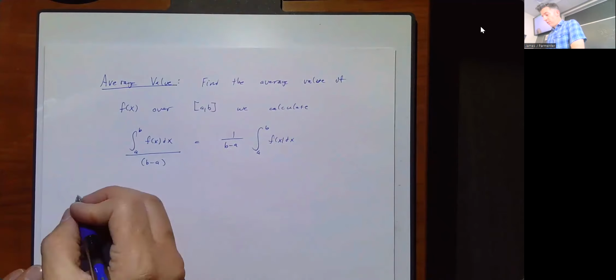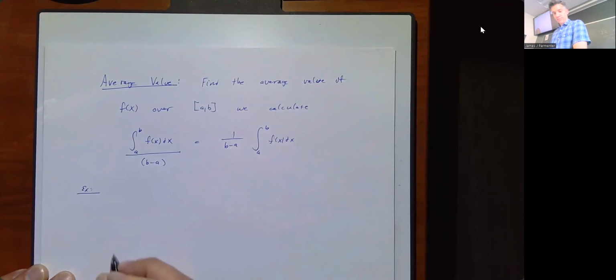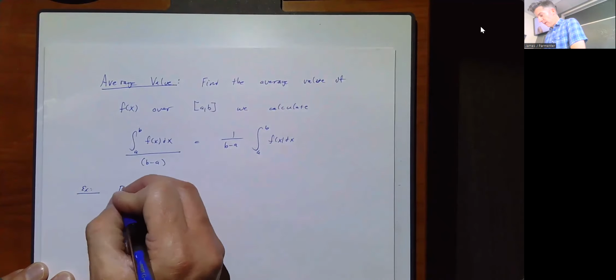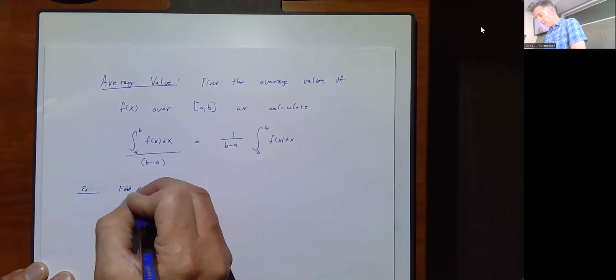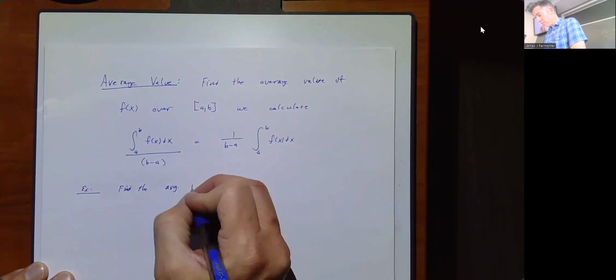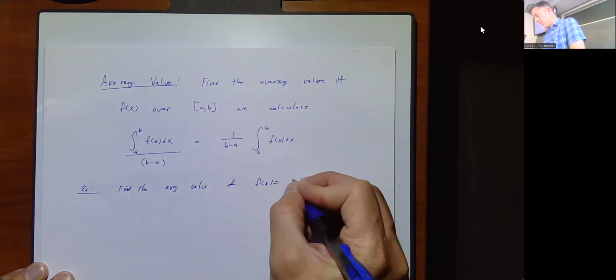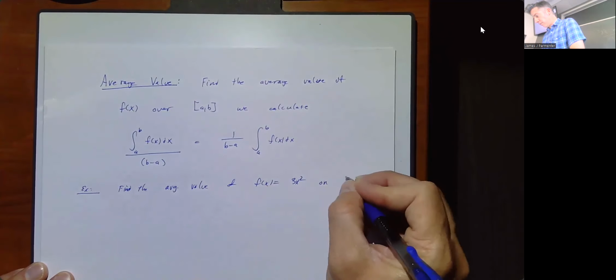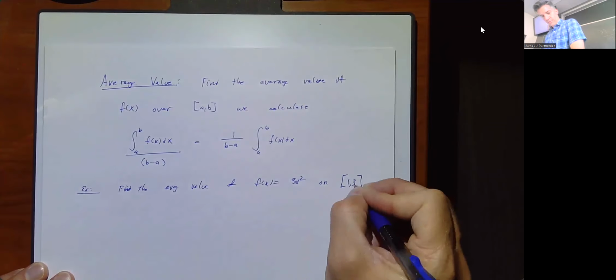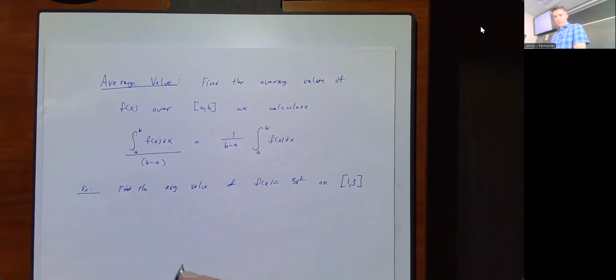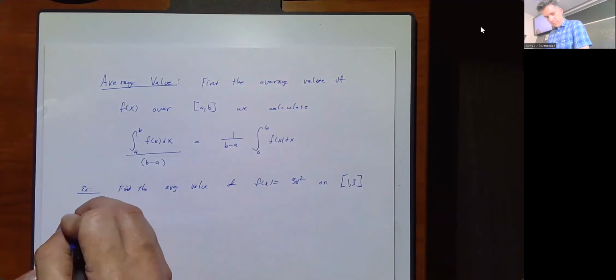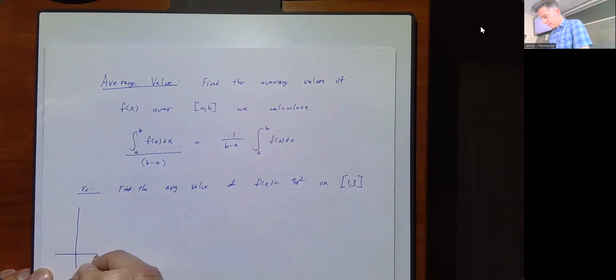So for example, find the average value of f of x equal to 3x squared on the interval from 1 to 3. And we'll draw a picture just because I think a picture is helpful. So this function looks kind of like this.